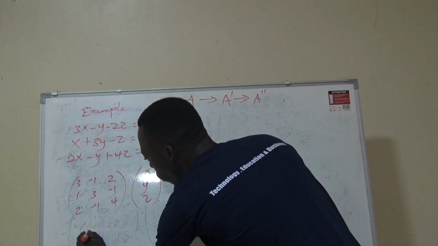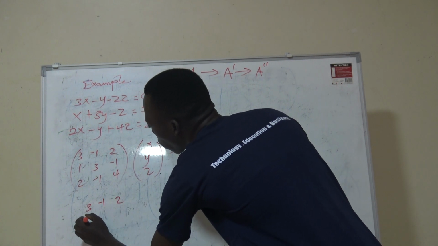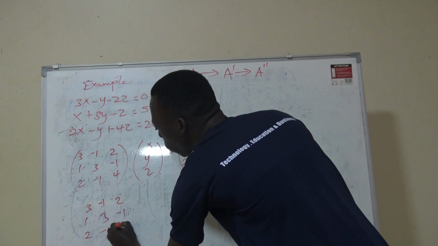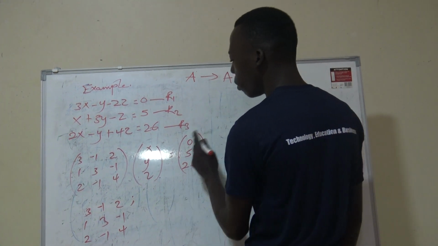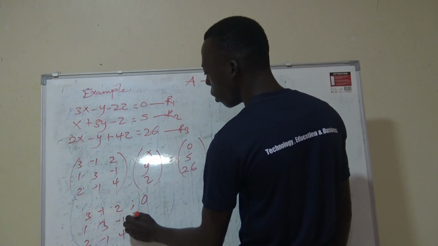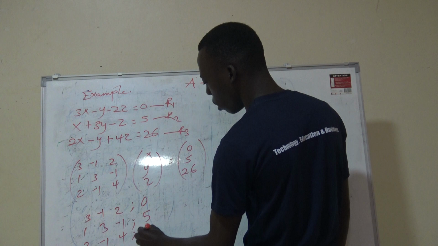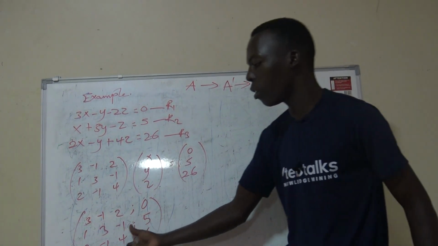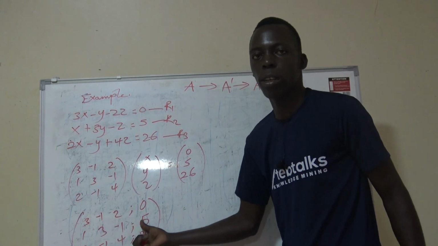For this case, it will be 3, negative 1, 2, that is 1, 3, negative 1, 2, negative 1, 4. So we put a semicolon, then we put in the answers for it, 0, 5, and also the last one, which is 26. This is the thing which we deal with, the augmented matrix. We don't deal with the other one, only this one.